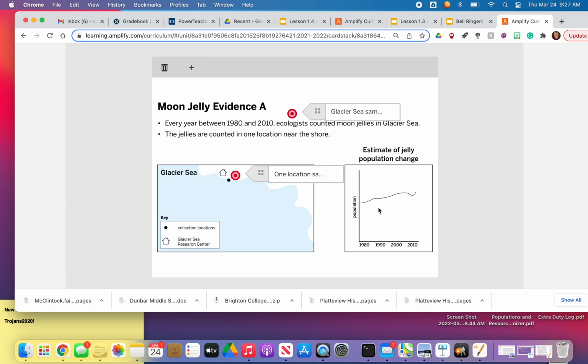So I want to interpret this graph, and I'm going to put a third annotation there: it looks like the jelly population remained stable, then increased gradually over 30 years. Okay?